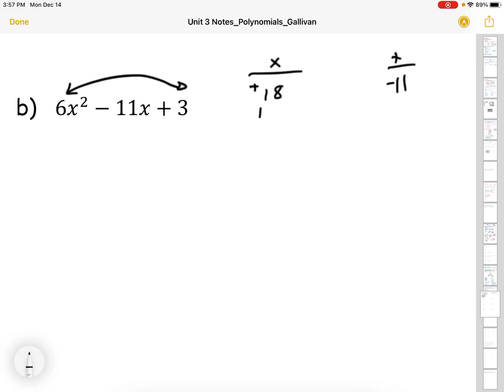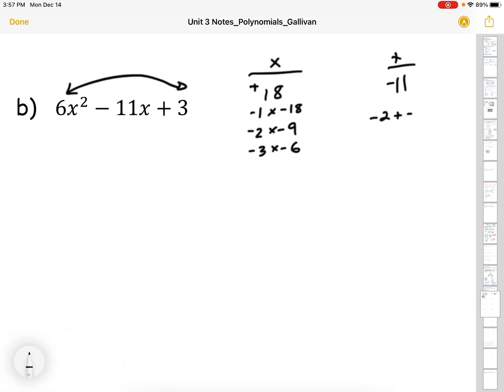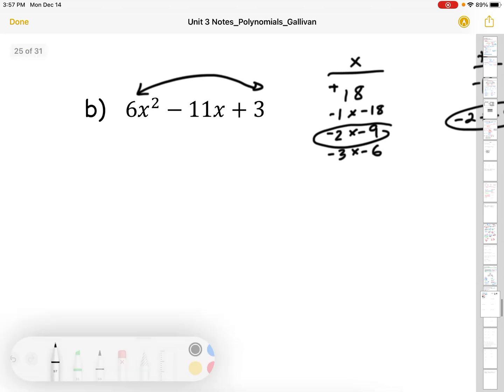So, factors of 18. Well, I have negative 1 times negative 18, negative 2 times negative 9, negative 3 times negative 6, and I think that's it. Now, of those, negative 2 plus negative 9 equals negative 11. So that will be what I'm going to decompose.